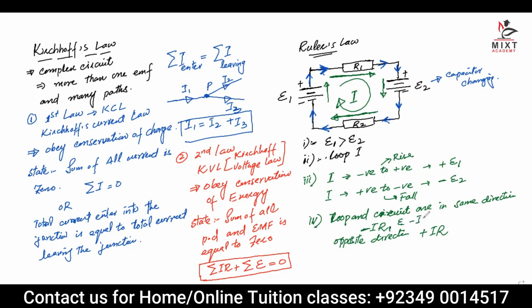Sir, when you drew the loop current, how did you draw it? Kirchhoff suggests that you take the loop current in the same direction as the circuit current. That is the suggestion of Kirchhoff.